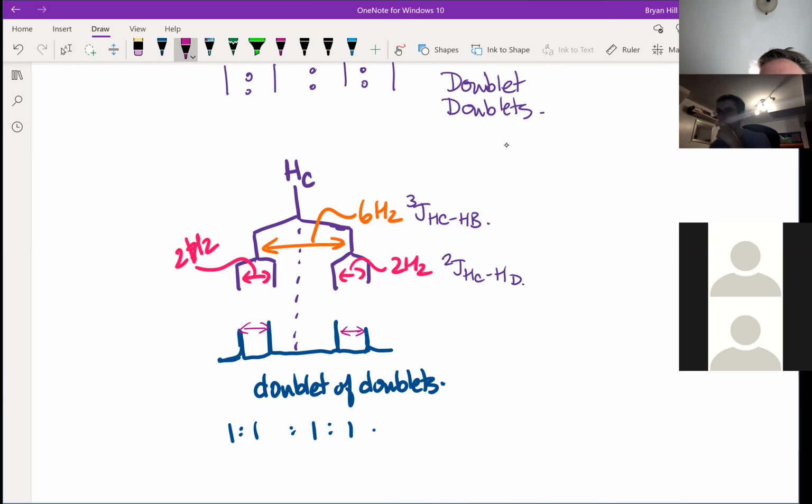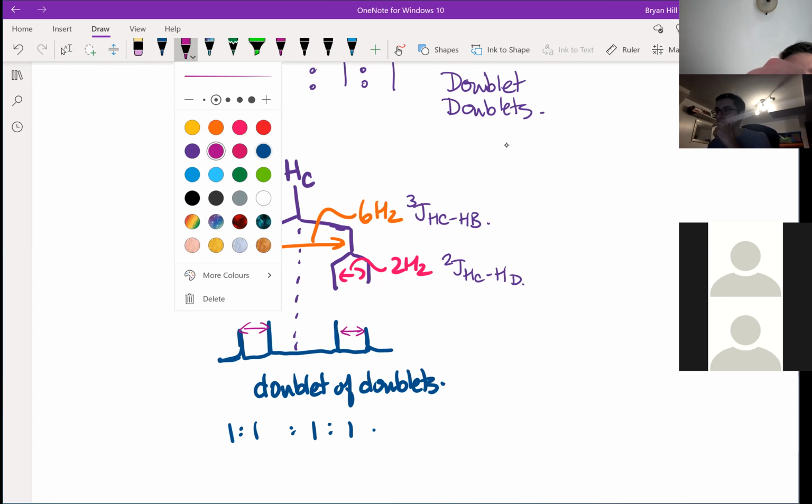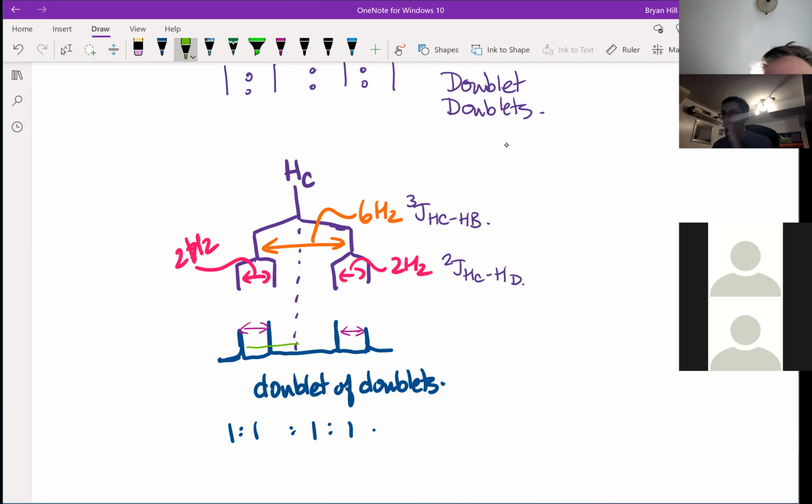And that will be 1 coupling constant. And then the space between, say, here and here, or here and here, should be the 2nd coupling constant. And yeah, that's basically how you would look at that.